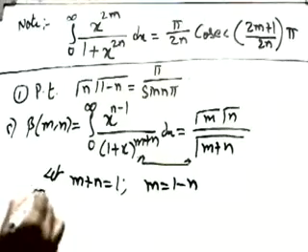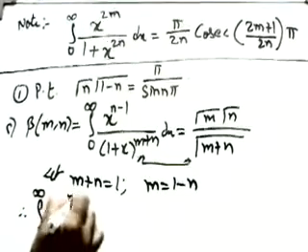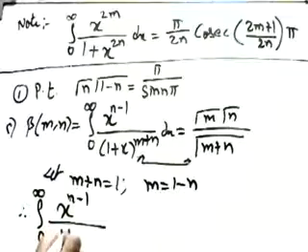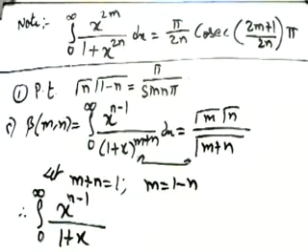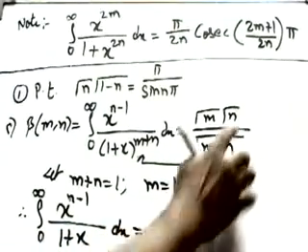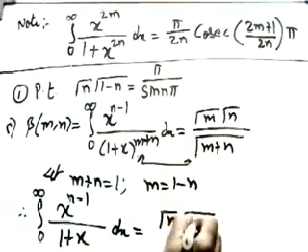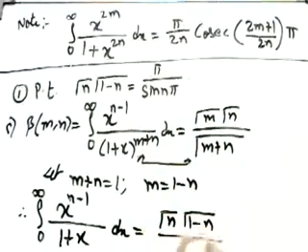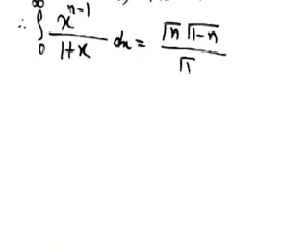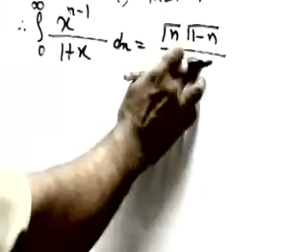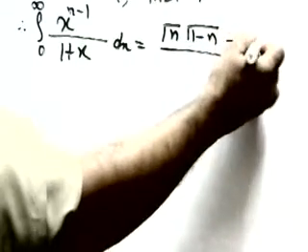Okay. Therefore, this will become integration 0 to infinity x power n minus 1 divided by 1 plus x dx equals, I'm writing, gamma of n into gamma of m, which is 1 minus n, divided by gamma of m plus n, which is 1. But gamma of 1 is 1, so we can leave this one.